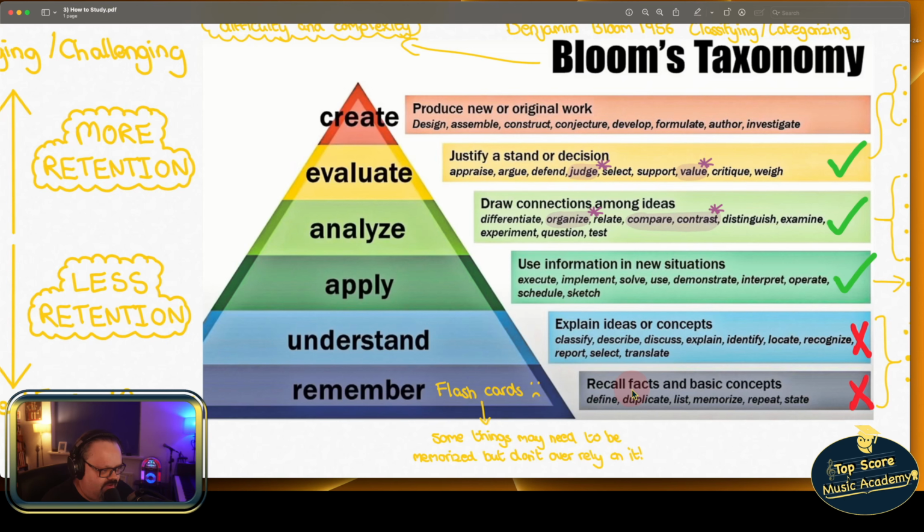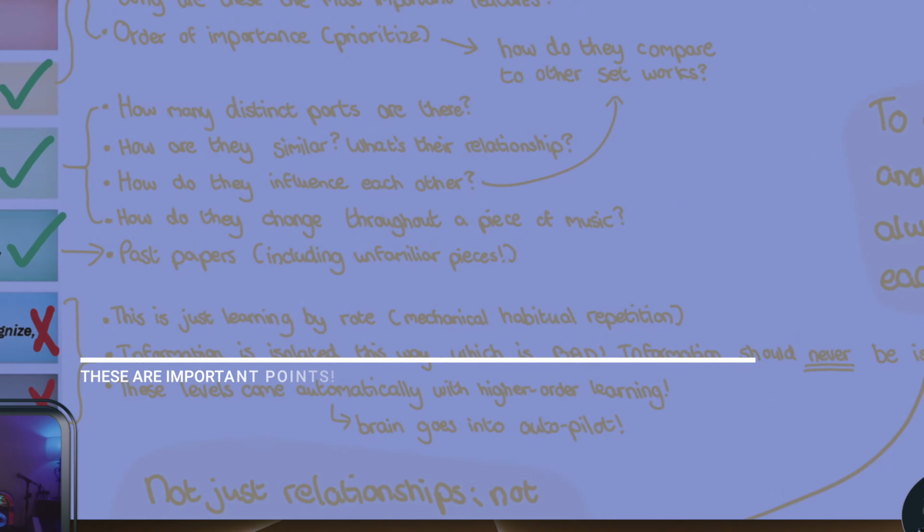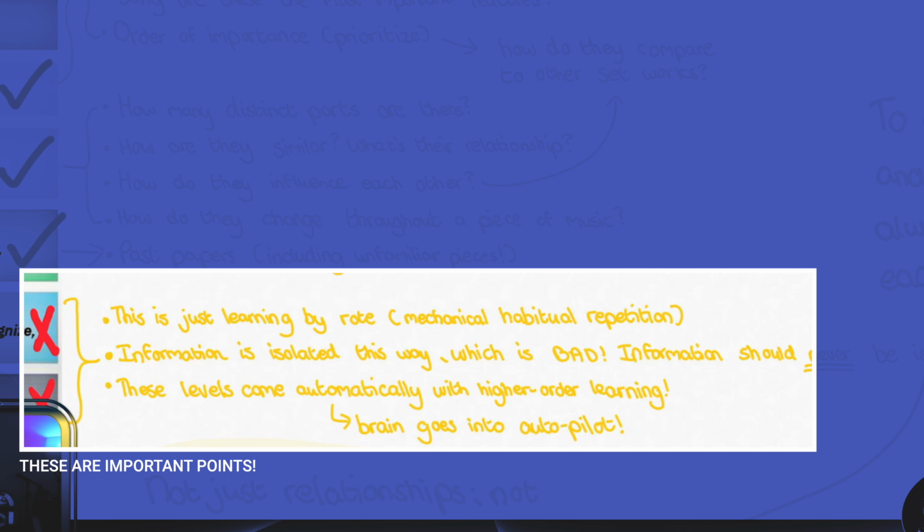Just simple recall facts and basic concepts like define, duplicate, or list, or just memorize, repeat, or state. So you can see here when you're trying to just understand or remember things, memorize things, this is just learning by rote. And it's, as Justin Sung, I think, said, mechanical habitual repetition. You're just parroting back information over and over and hoping that it'll just sink into your long-term memory.